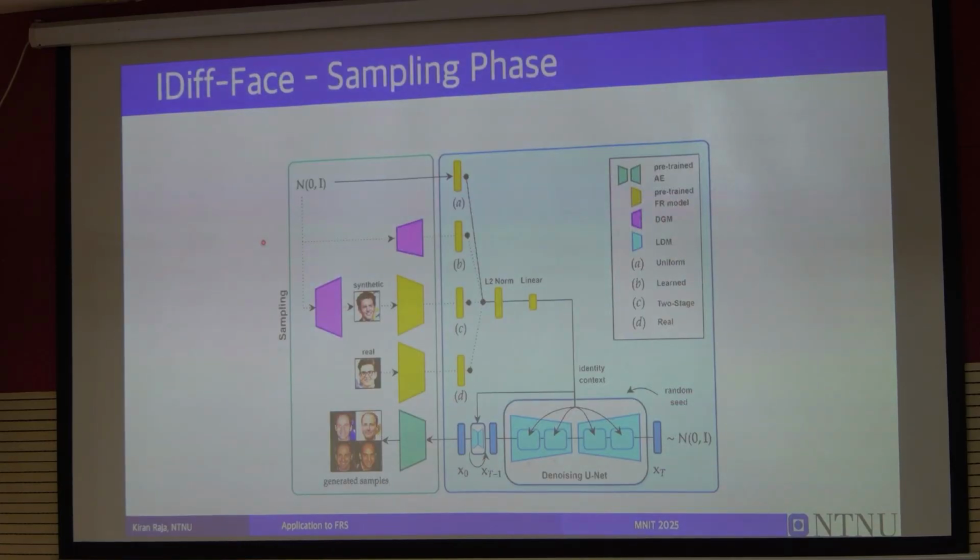And then, in the work that was published, in the previous slide, I showed you that generating variations based on already existing images, based on the extracted face embeddings, right?